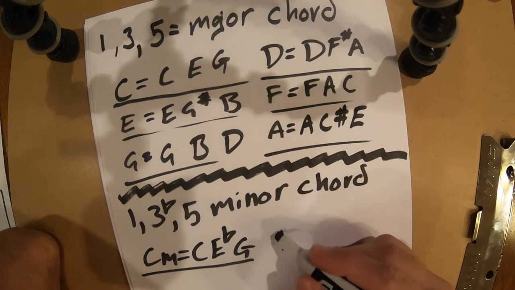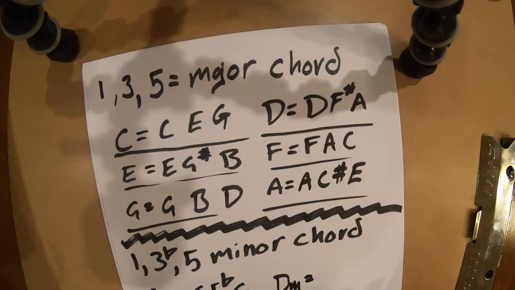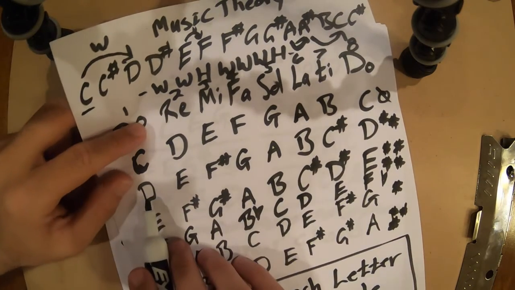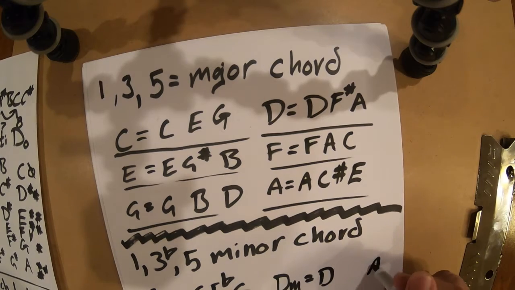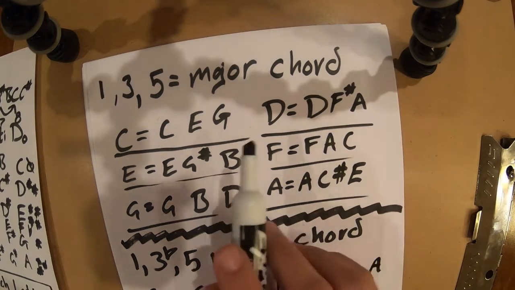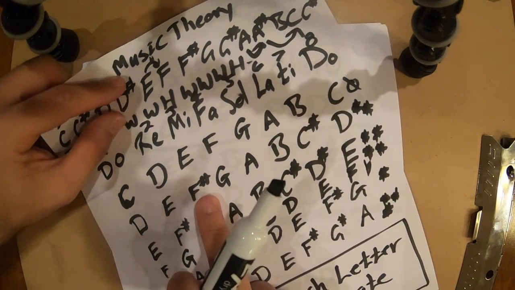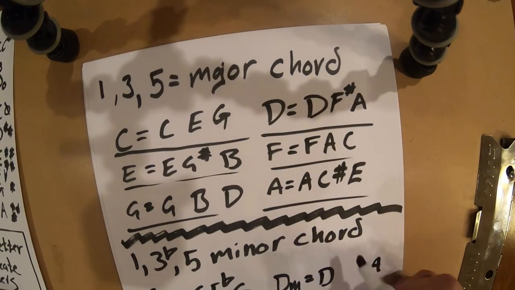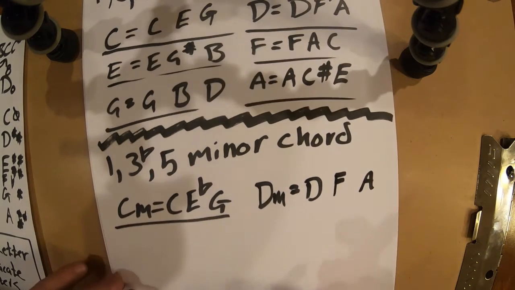All right, so for a D minor, just like in the previous, we can go to the key of D, take the 1 and the 5 just as they are, D and A. But then the third, instead of having the regular 3, like in key of D, F sharp, we would flat the F sharp, so we have now D, F, and A for D minor.